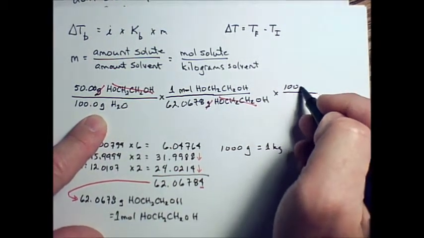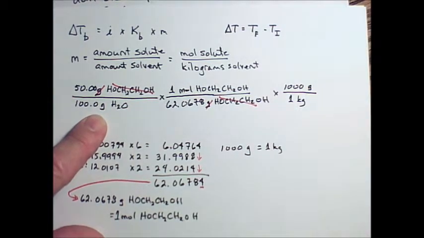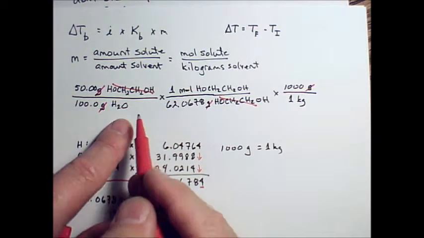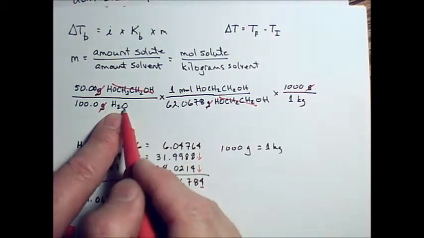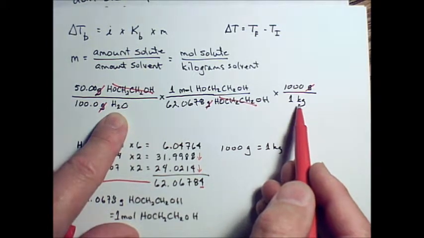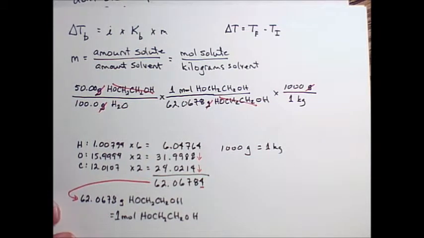So 1,000 grams goes on the top, 1 kilogram goes on the bottom, and so grams are going to cancel. And we have now the solvent, which is water, in kilograms. That's what we want to have on the bottom. We want kilograms of solvent here. So now we're ready to plug in and do the math.